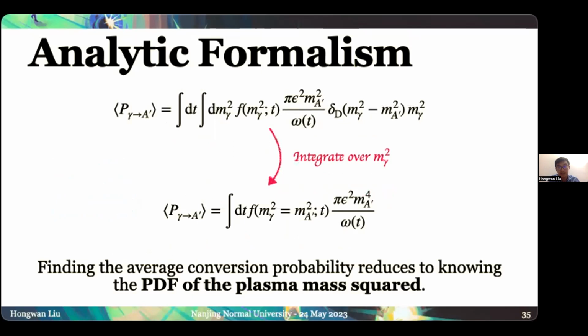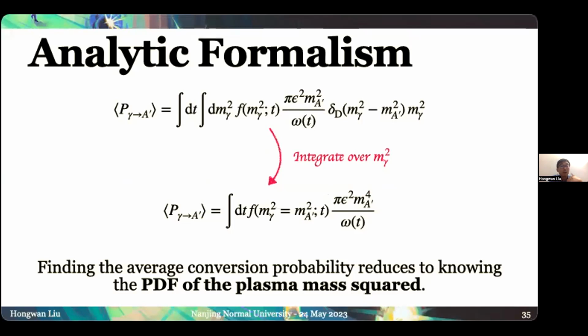And this is just given by integrating over the line of sight, times the coupling squared, times some mass parameters and frequencies, multiplied by the PDF, the probability density function, of finding a value of m_gamma squared equal to m_A' squared, where the resonant condition can be met at each time. So this is a very simple expression.